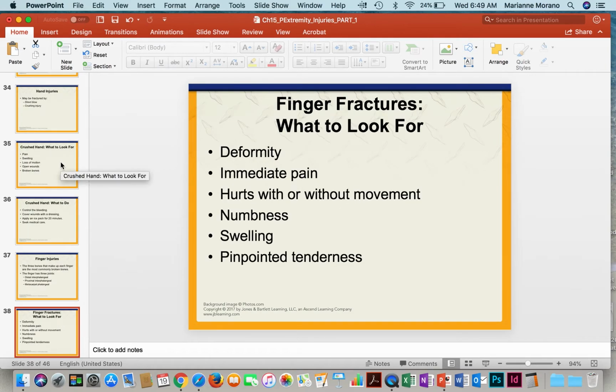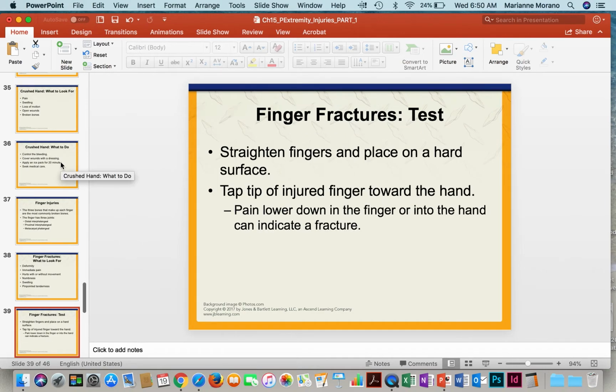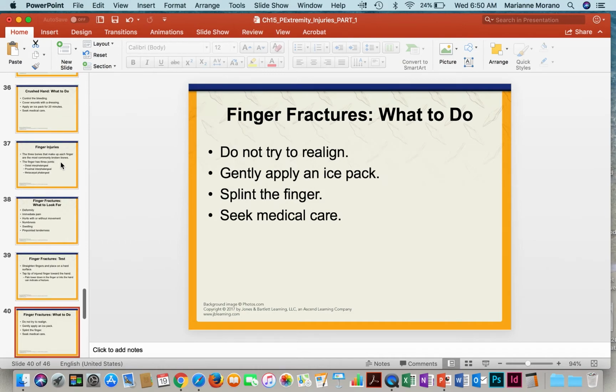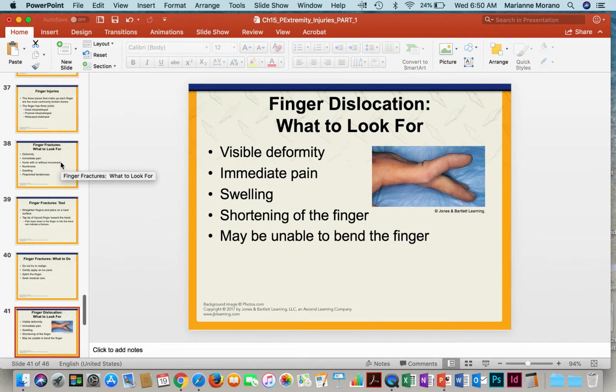Look for deformity, immediate pain, hurts with or without movement. There's numbness, swelling, and tenderness. You can do a finger fracture test: straighten the fingers in place on a hard surface, or tap the tip of the injured finger toward the hand. Pain lower down in the finger or into the hand can indicate a fracture. Do not try to realign, apply ice, splint, and seek medical care.